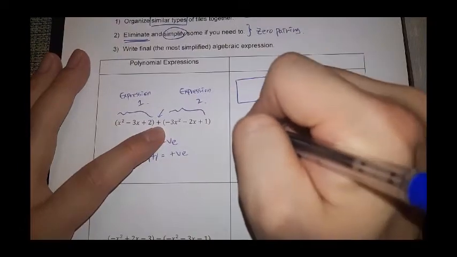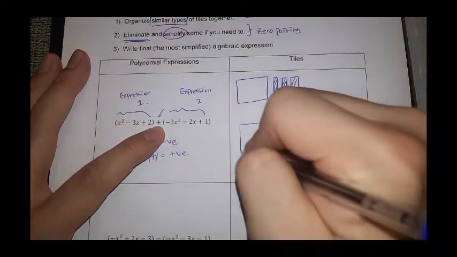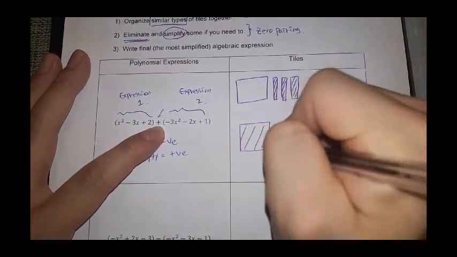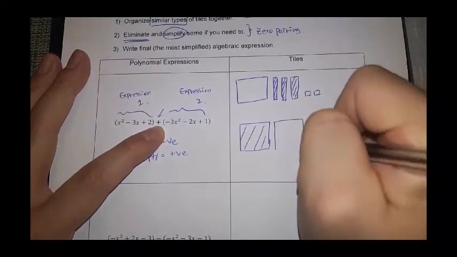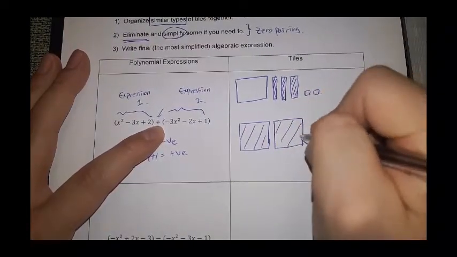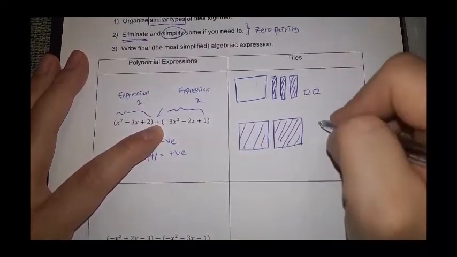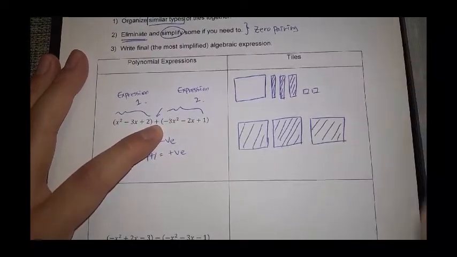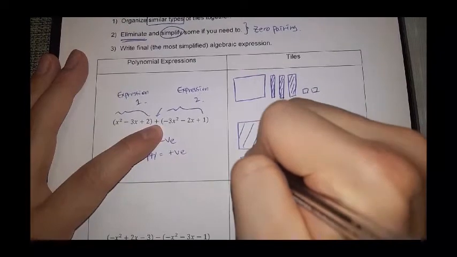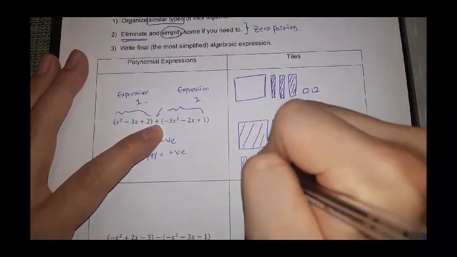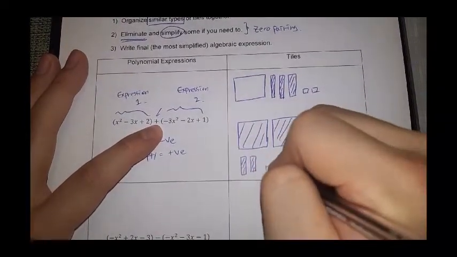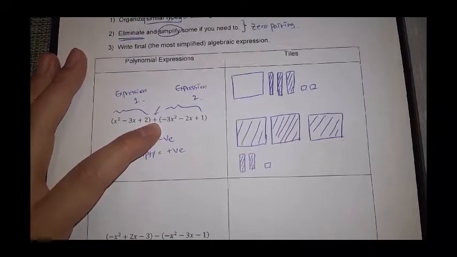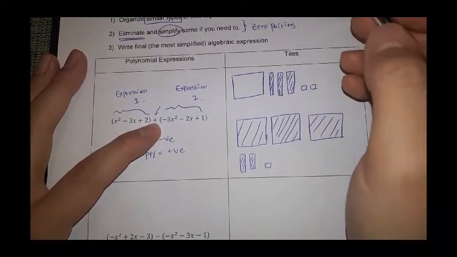Followed by negative 3 x squared, a fancy way of saying big filled square, 2 filled strips, 1 empty integer tile.